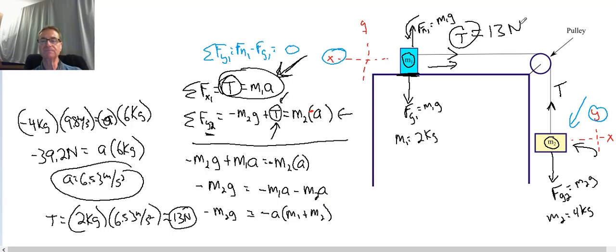So remember that in any one equation, in the top equation, I could only have x data or y data. I can't mix x and y data in the same equation. The first equation had only the x data for block M1. The second equation had only y data for block M2.